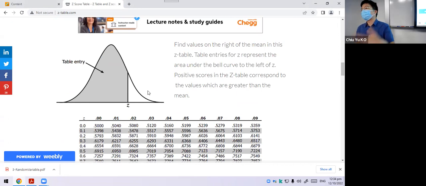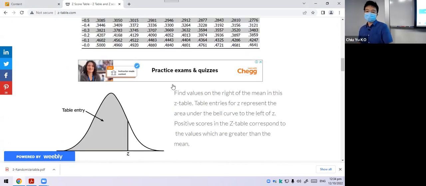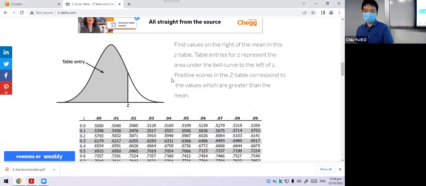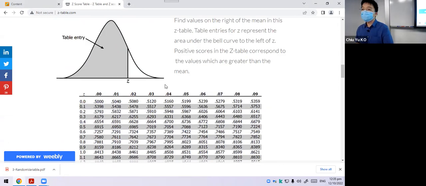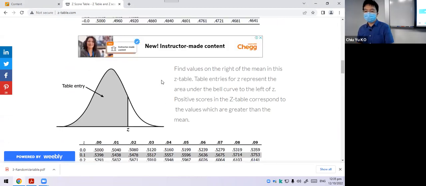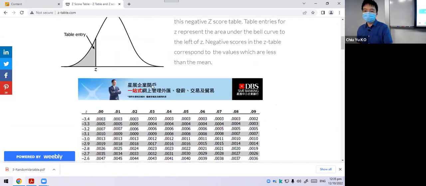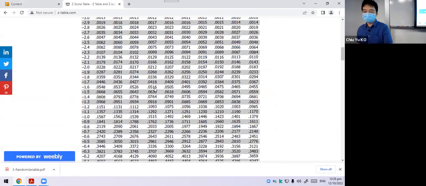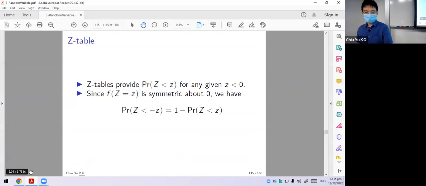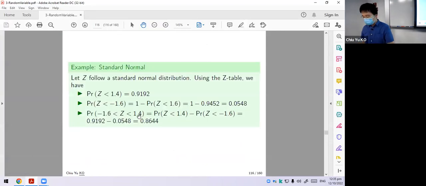You can bring both because there's no limit on the number of pages you can bring, or you can bring just one of them. I will illustrate how to use this table very soon, but these are the two tables that you can use, and you will see that they're the same thing.